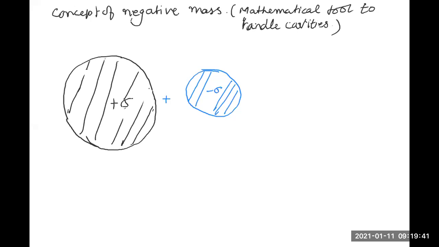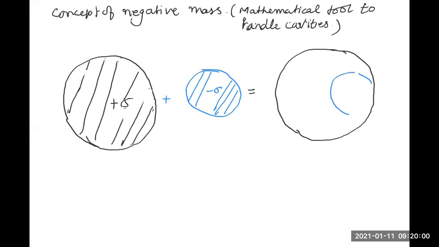Now what do I mean by add? You have to be very clear about this. I am going to take the blue disk having negative mass density. Remember, such a thing does not really exist. And I am going to place this blue disk not on top of the black disk, but inside the black disk.